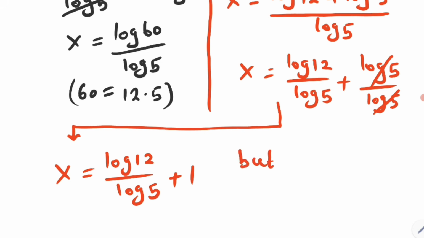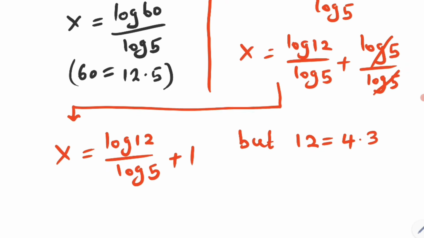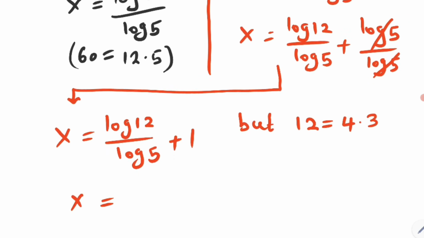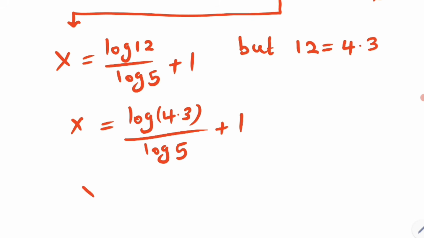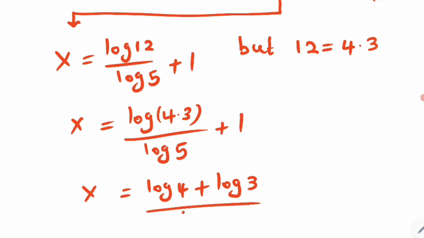But 12 is equal to 4 multiplied by 3. s is equal to log of 4 multiplied by 3 over log 5 plus 1. s is equal to log 4 plus log 3 over log 5 plus 1.